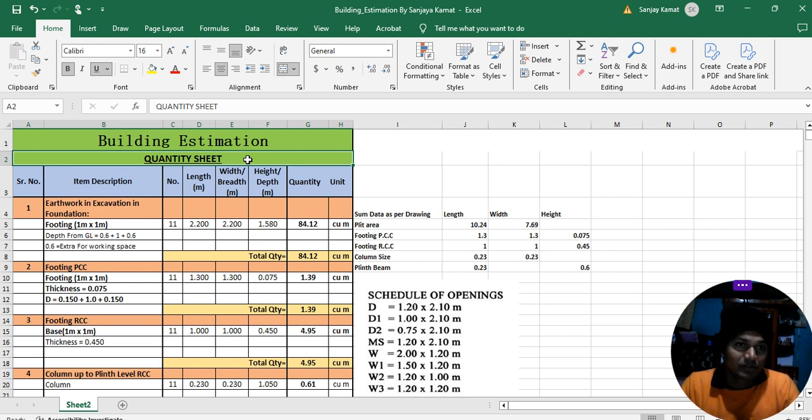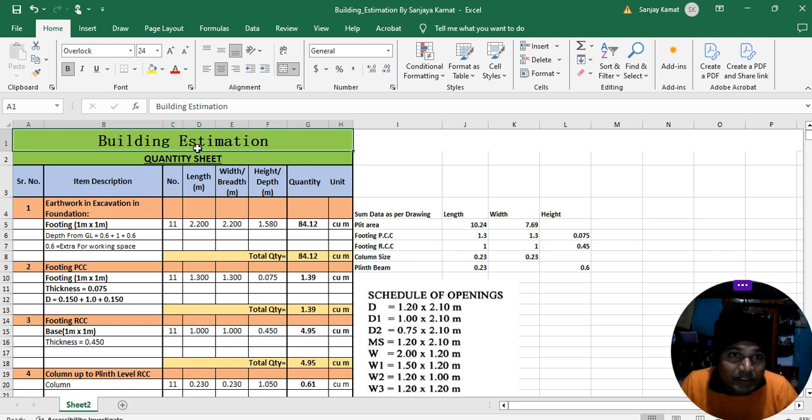For that purpose, we do the estimation. Depending on the area, somewhere it may take 5 lakh, 10 lakh, and depending upon how many stories of a building the client wants, we do the estimation.